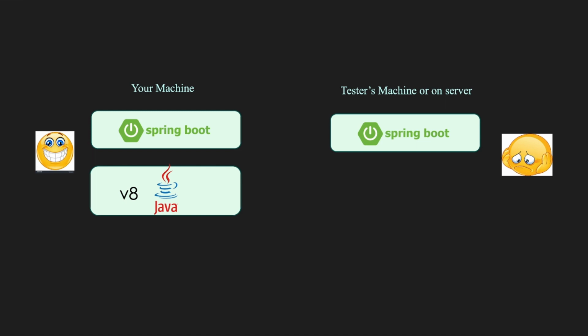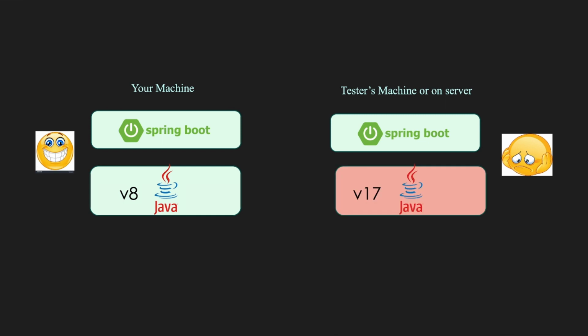So you work along with the test engineer and try to root cause the problem. And you find out that the version of Java that is installed on the test machine is different. Version 17 Java runtime environment is installed, and all of your testing has been done on version 8 of JRE.